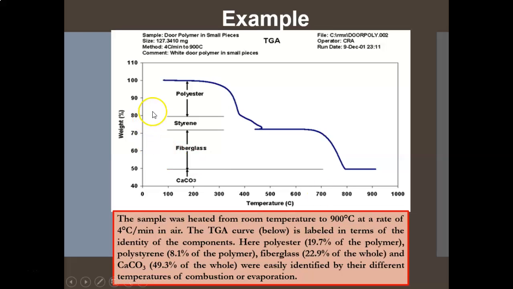Here we can see the polyester, which is 19.7% of the polymer. We have polystyrene, which is 8.1% of the polymer, and also the fiberglass, which is 22.9%, and calcium carbonate, which is 49.3% of the whole, were easily identified by their different temperature of combustion or evaporation.